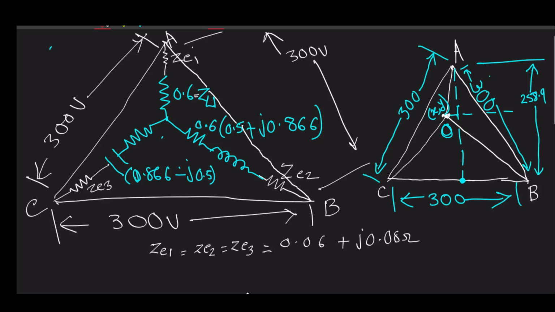It is 0.6 plus... So why have I always considered the series branch of the individual transformer in series with the load?